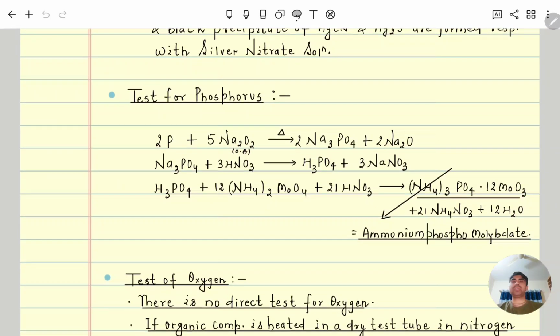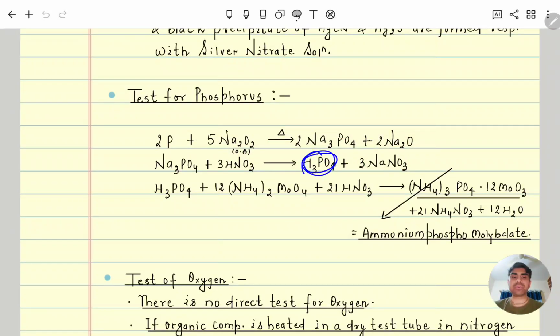Next, coming to the test of phosphorus. First we create its sodium fusion extract. Phosphorus reacting with Na2O2 forms Na3PO4 and Na2O. This Na3PO4 reacting with the oxidizing agent HNO3 further forms H3PO4 and NaNO3.